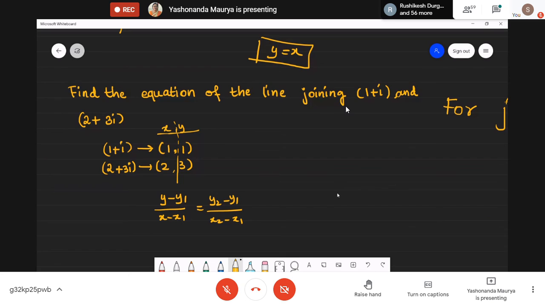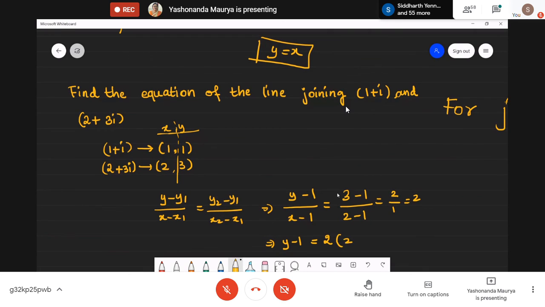So y minus 1 over x minus 1 is equal to 3 minus 1 divided by 2 minus 1. This means y minus 1 is equal to 2 divided by 1, so this is 2. So it will be 2 times x minus 1.